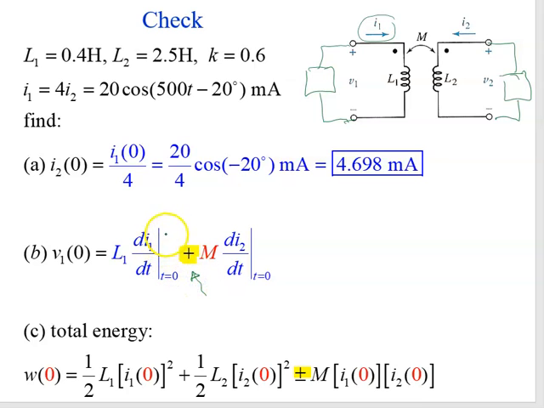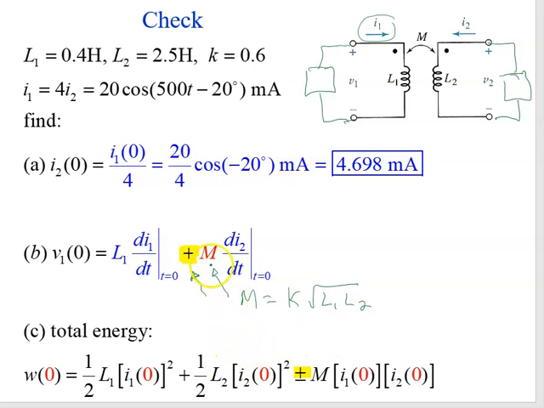So we have our electrically induced voltage across L1 and our magnetically induced voltage across L1 due to the change in current in I2, and they're coupled with our mutual inductance M, where M was equal to K square root of L1 L2.